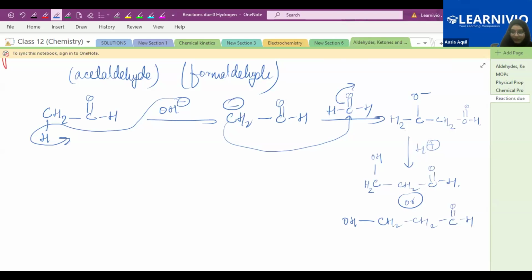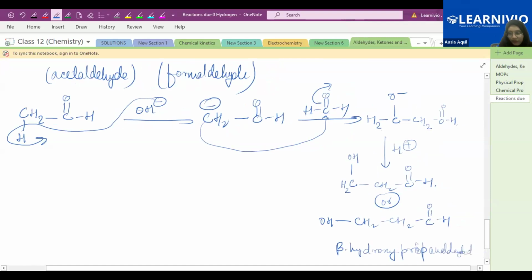So what is this? This is your beta hydroxypropanaldehyde, 1, 2, 3 carbon, right? Beta hydroxypropanaldehyde, which is also known as aldol. Is it clear? Yes, ma'am. Okay, quickly write it down.